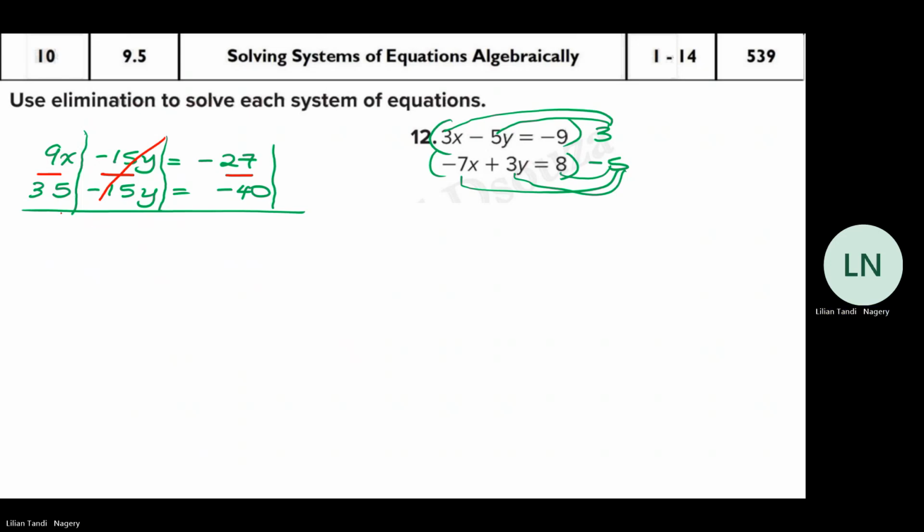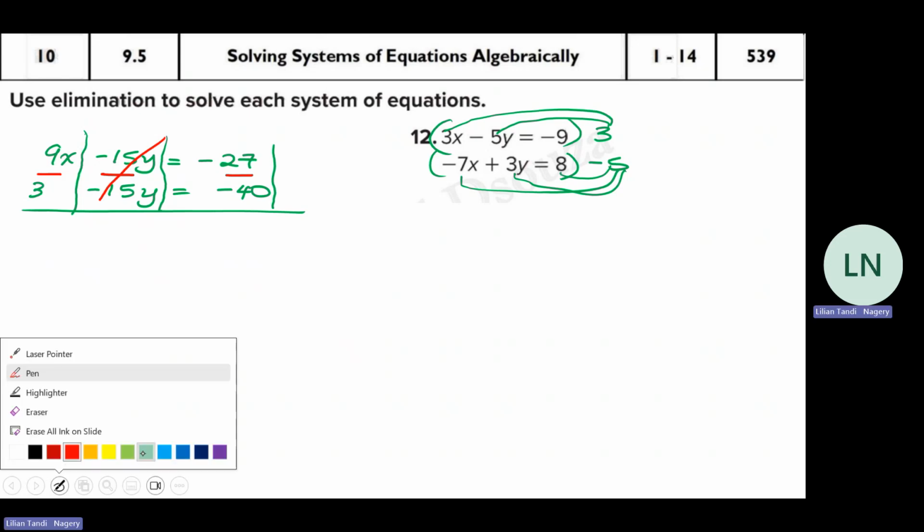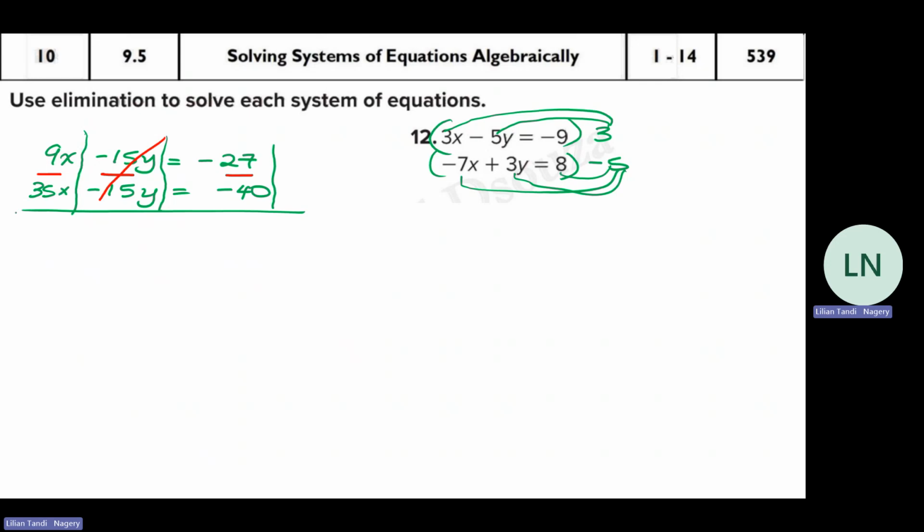I forgot my x here, 35x. Okay. So what is 35 minus 9? 26.